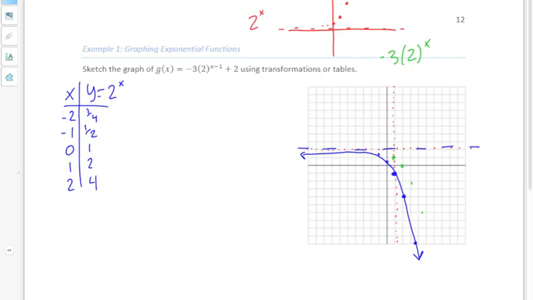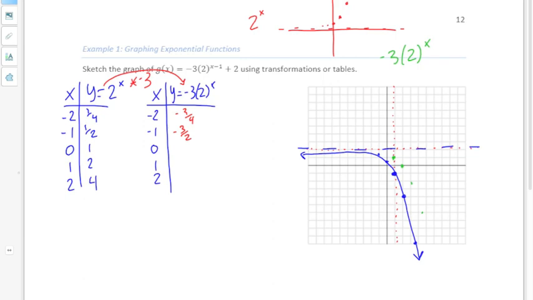So I'm going to take this exact thing over here, but I'm now going to multiply it by -3. So my x values stay the same. My y values are now going to be multiplied by -3. So that's going to give me a -3/4, a -3 halves, a -3, a -6, and a -12.